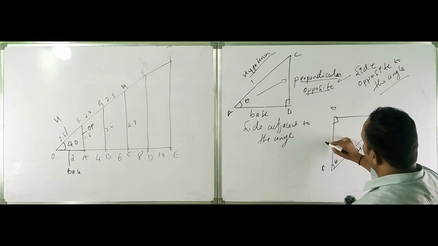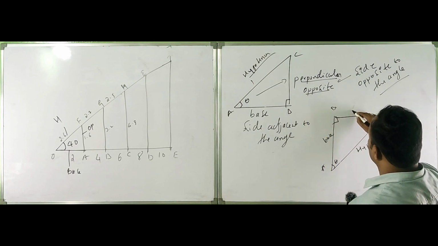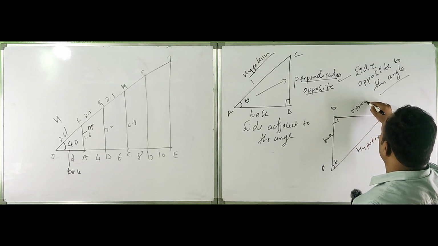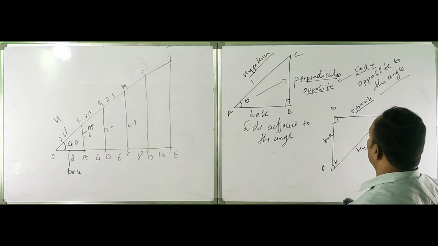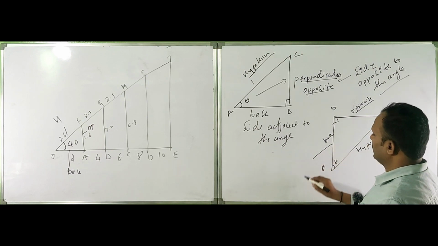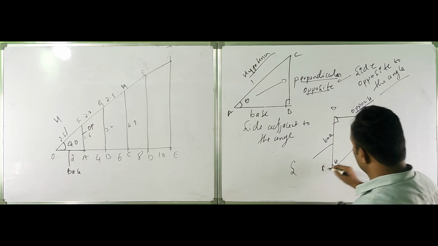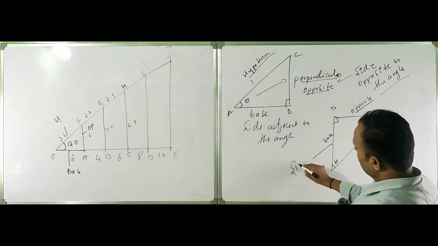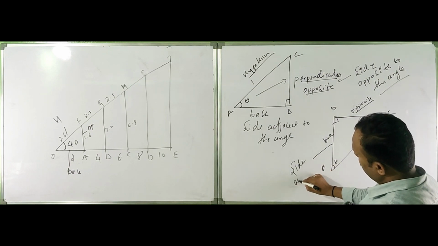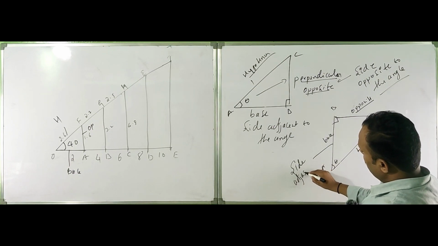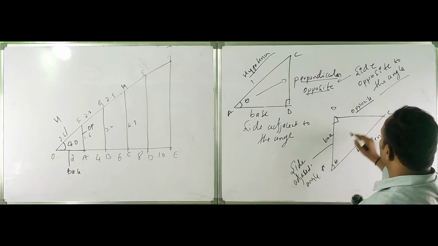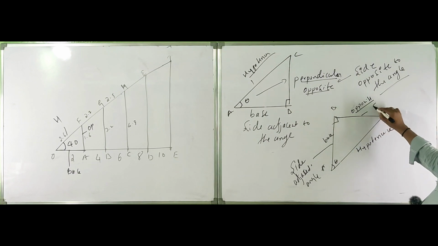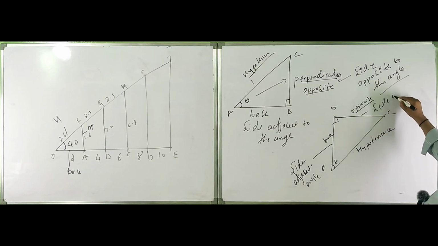With respect to this theta, this is the base, this is the opposite. According to the book, this is the side adjacent to the angle, and this is the side opposite to the angle.